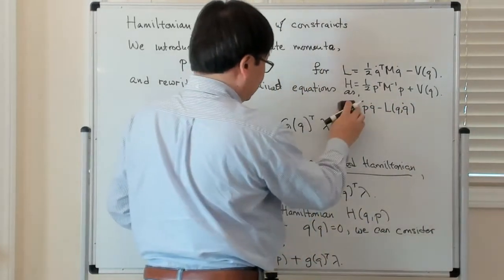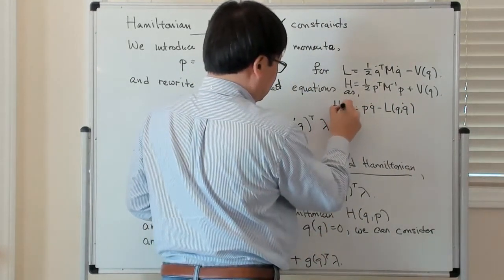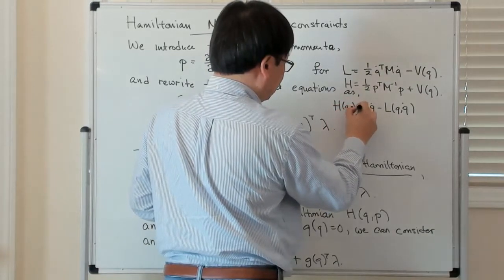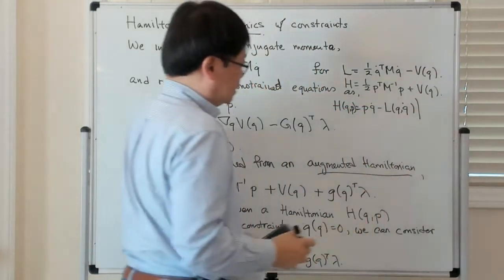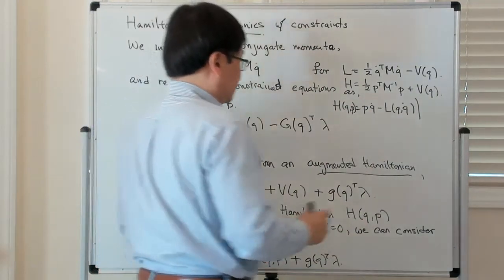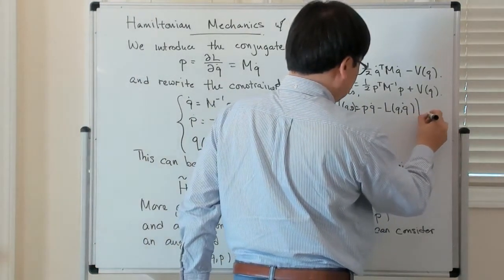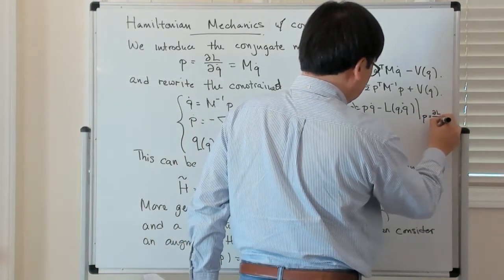So the Hamiltonian, which depends on Q and P, is this subject to the constraint that you're in the image of the Legendre transform, so P is equal to dL/dq dot.